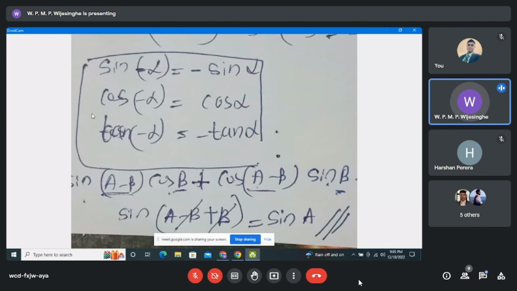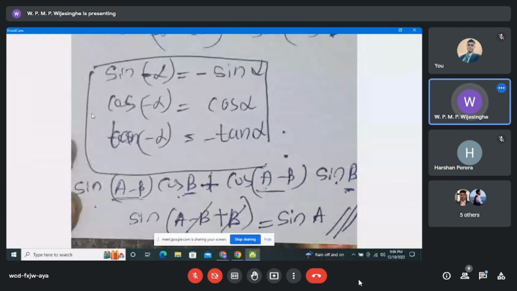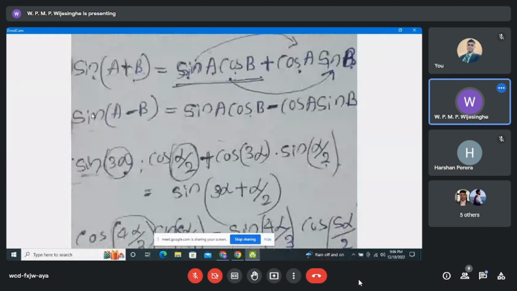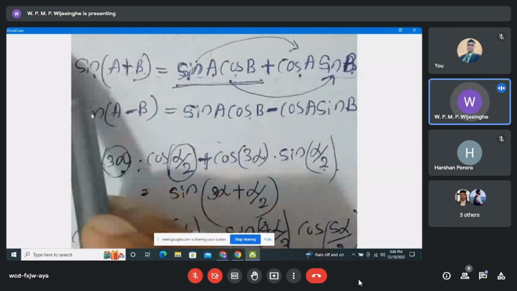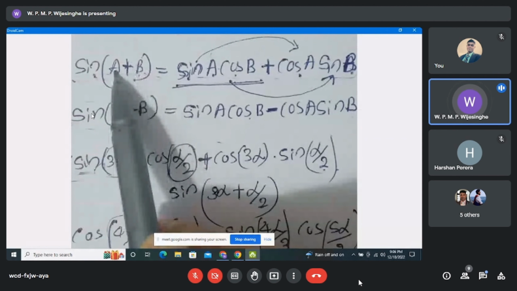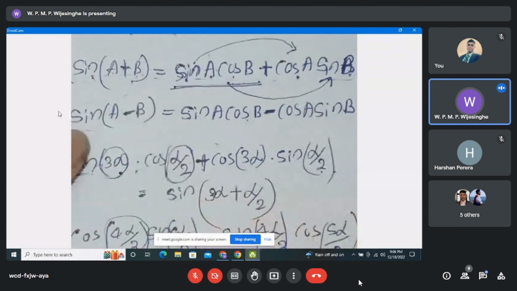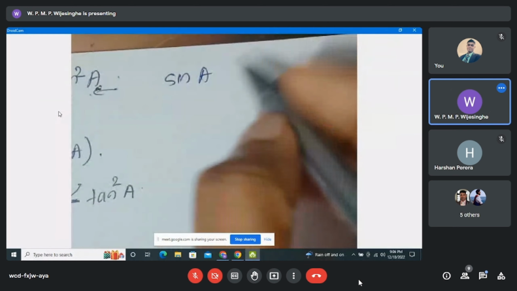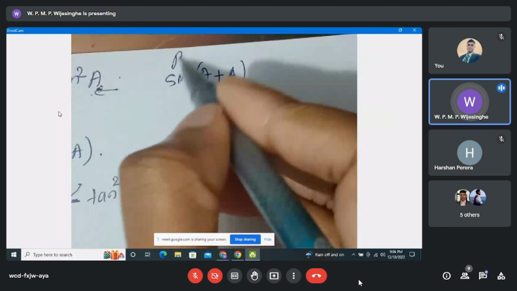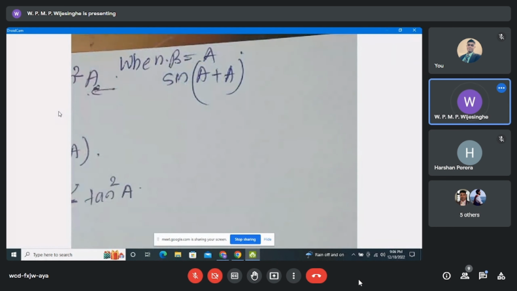Okay. Here there is a special case. In this first relationship, what will happen if B is equal to A? The same A here. Then I can write here sin of A plus A when B is equal to A. Right? Then expand this.